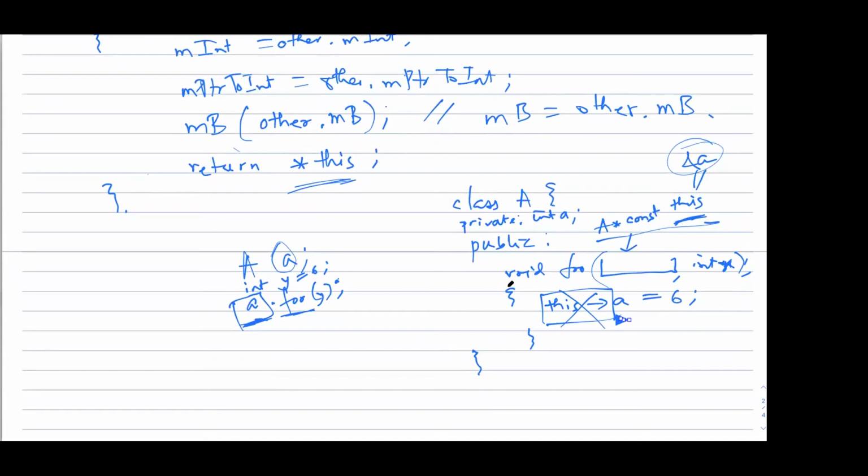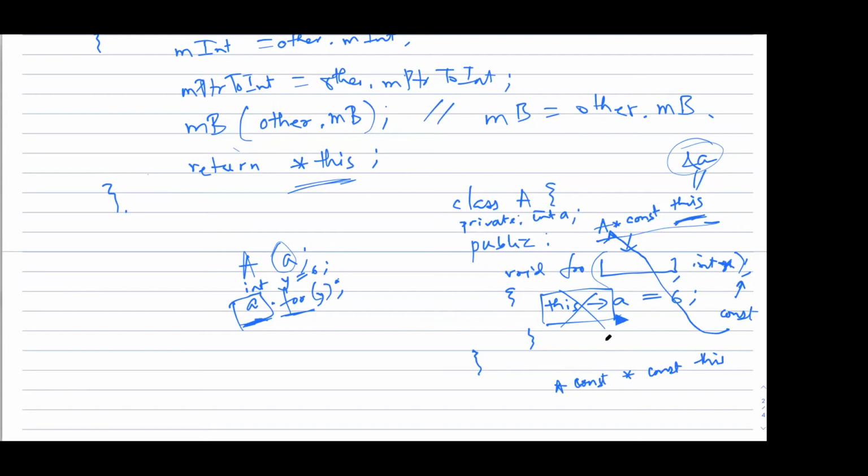Makes sense? Okay. So now here is one important detail. There is another way of adding const, which is by adding a const at the end of the function. When you add a const here, this const actually gets placed here, so it has the effect of making it a const A star const this. So this is now a const member function.